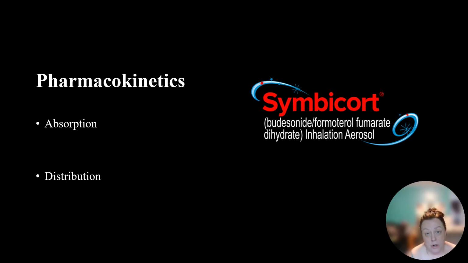Distribution of the inhaled corticosteroid is 85 to 90% protein binding, so it's going to bind to any of the proteins in the body, and the formoterol is 61 to 64% protein binding. The metabolism of Symbicort: the inhaled corticosteroid is metabolized by the liver with 39% systemic availability, and the formoterol is also metabolized by the liver.